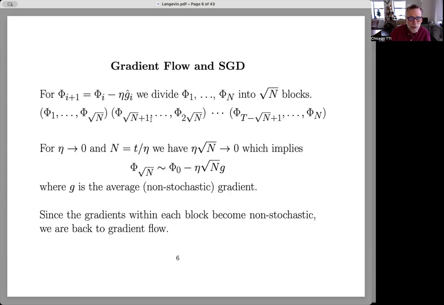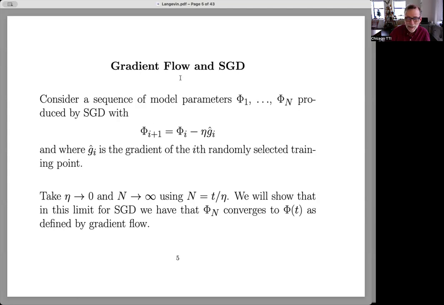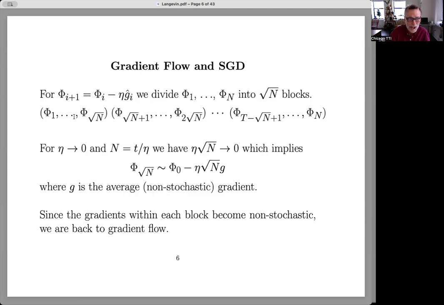So what we can do is divide this sequence into blocks of size square root of n. In each one of these blocks, as n goes to infinity, this is going to converge on an exact step, which has time interval proportional to the square root of n.